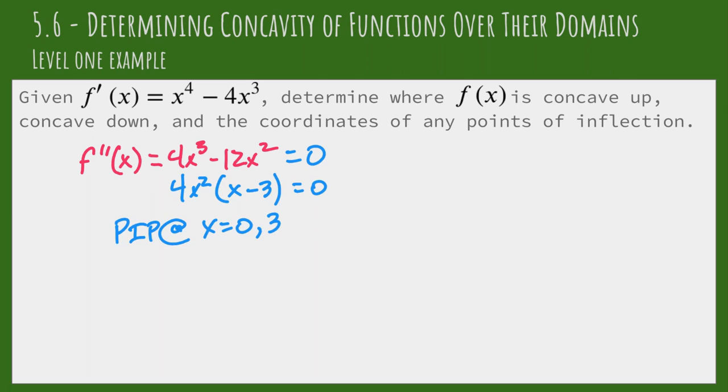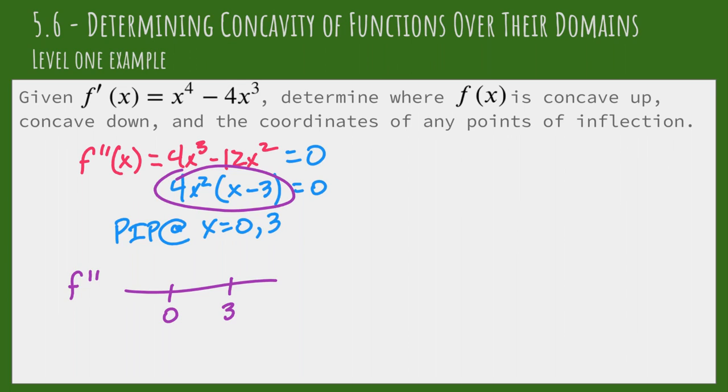So same thing we did before, we're going to make a sign chart now, and that sign chart is going to be for the second derivative. And on that sign chart, I'm going to include the x coordinates of our potential inflection points. We're looking for the sign of the second derivative, so I'm plugging into the second derivative. But again, I'm going to plug into this version of the second derivative because that's going to make determining the sign a lot easier.